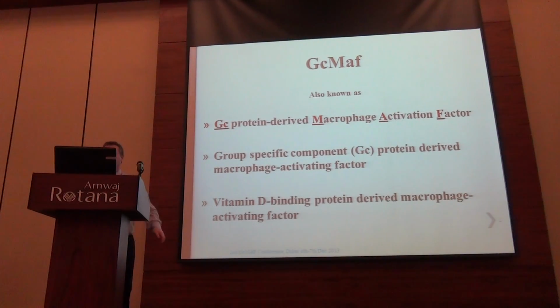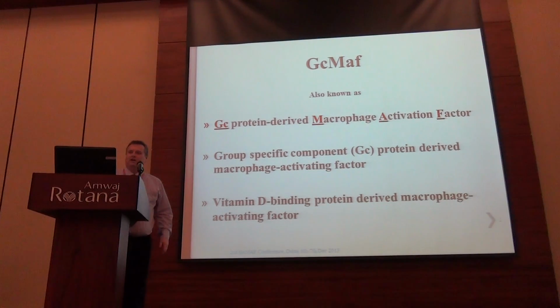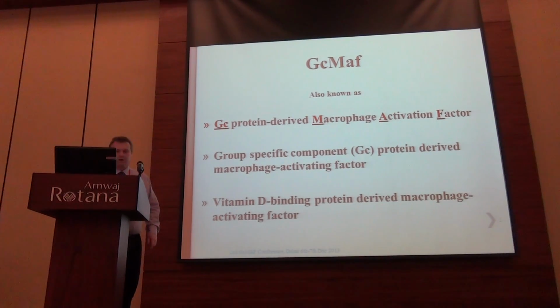GcMAF, I think the professors Regaria and Raed before me will make this a little bit shorter, which is quite good. These are the names that we've heard this morning. It's quite confusing, as Professor Raed has said, that it comes under many guises, but the one that we're interested in, as you can see, is the actual MAF bit, which is made up of these letters. So it gives you an idea of what it is.